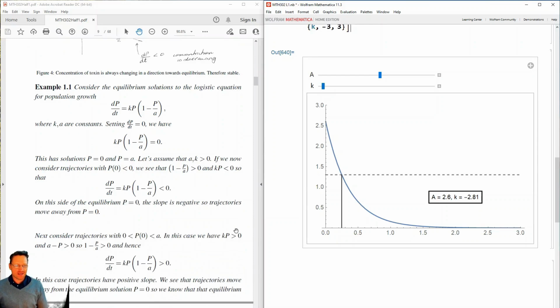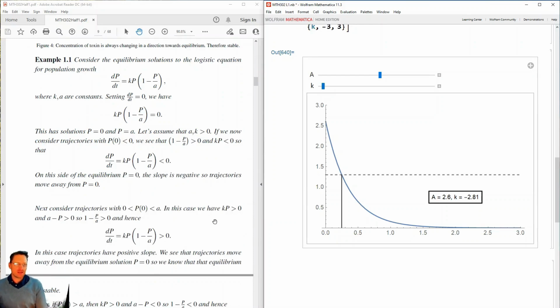Okay, now let's have a look at an example. Consider the equilibrium solutions to the logistic equation for population growth. Okay, so in some cases you can describe the growth of population of a particular collection of, say, animals or people or whatever. You can describe the rate of change of that population as depending on the population and other factors. Okay, so let's suppose k and a are constants.